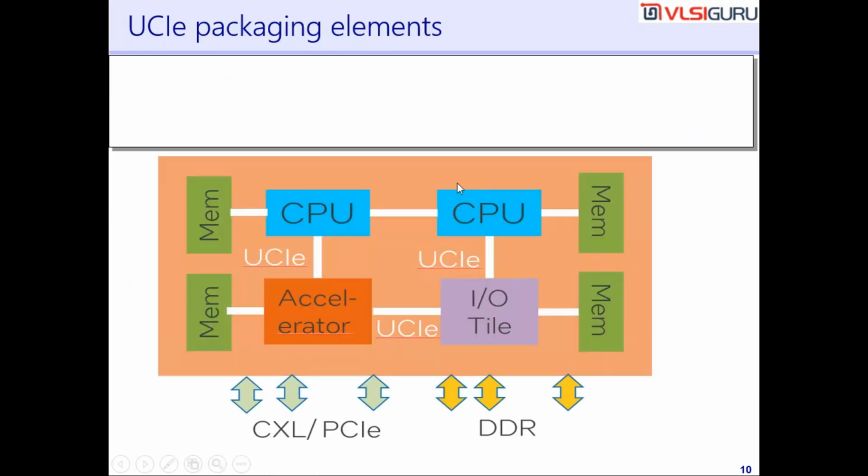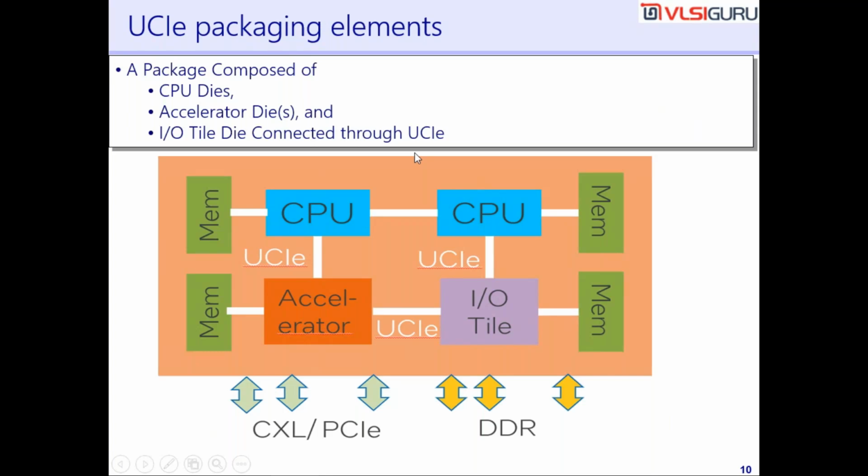Next. This shows a diagram example where a package is composed of CPU dice, the accelerator dice and IO tiles, all connected through UCI Express. That means whatever information the CPU wanted to send to the accelerator will be sent in UCIe format.